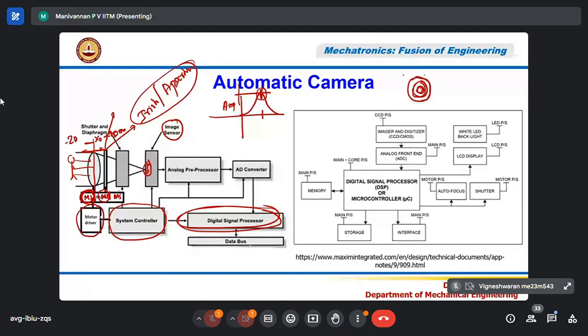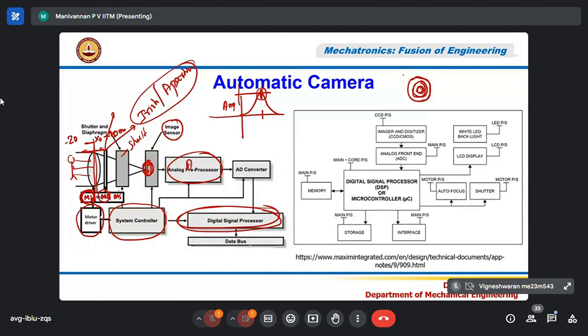The camera is already programmed to adjust it. After that, the lens will be adjusted and the sharp image comes. Finally, the shutter will open. This is the shutter, right? The shutter opens, so the image focuses on and is recorded on the sensor. That will be stored in the memory through signal processing.